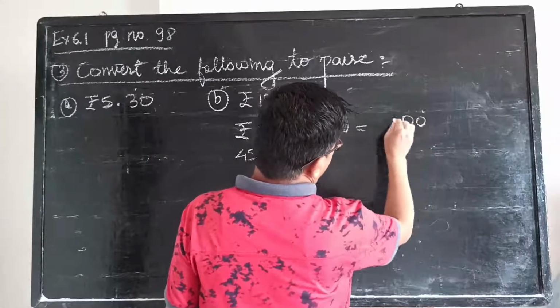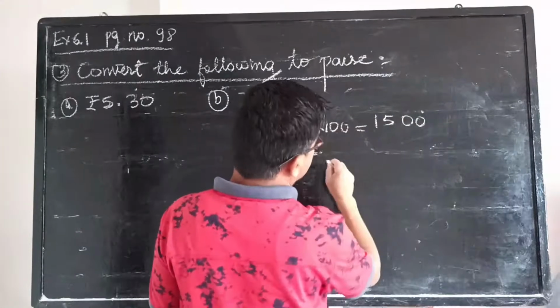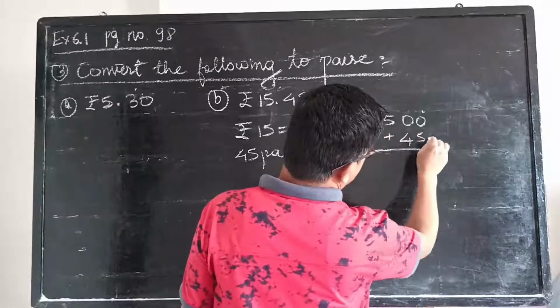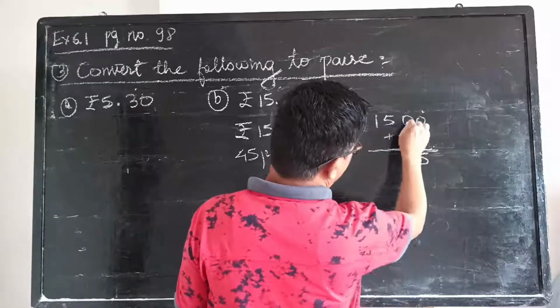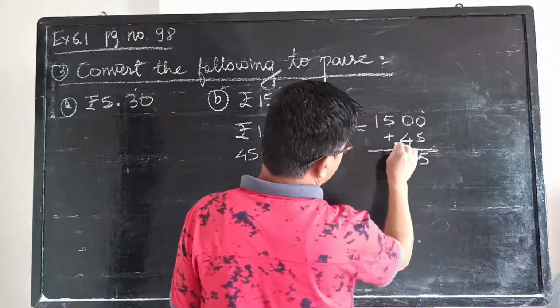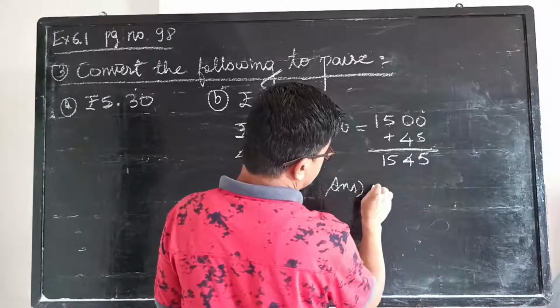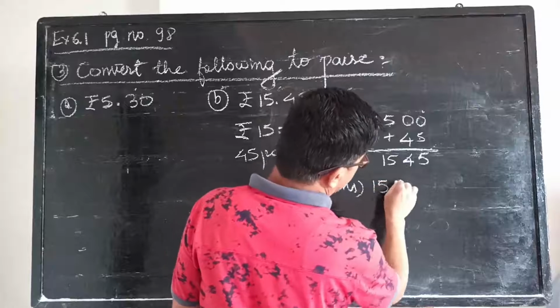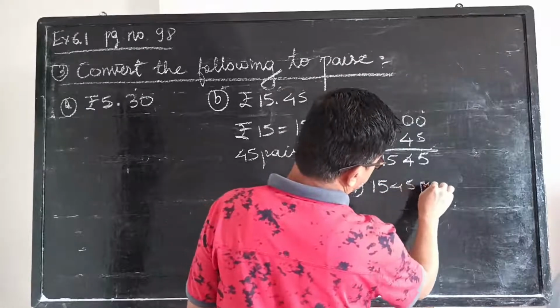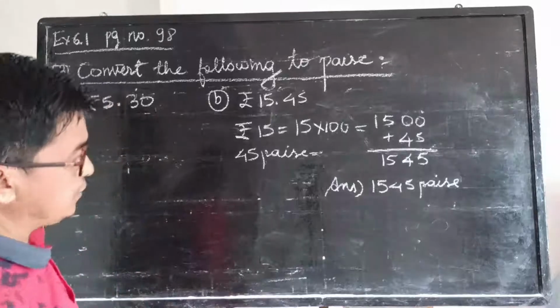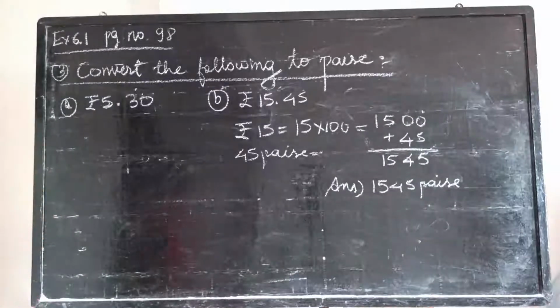After 15, 2 zeros. Then plus 45. Add 0 plus 5, 5. 4 plus 0, 4. 5 plus nothing, 5. And here the answer is how many paise? 1545 paise.